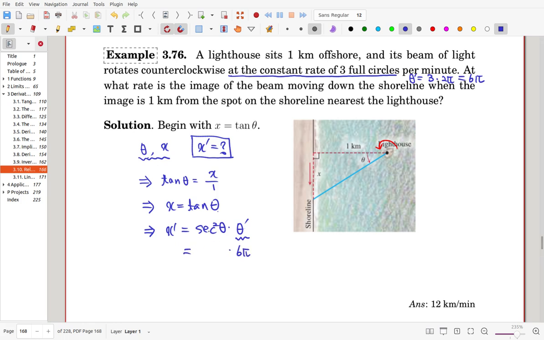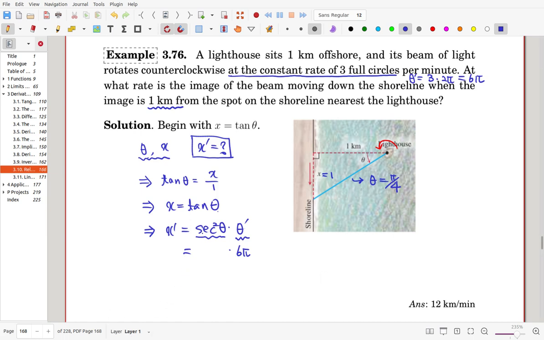Now we have to find the angle at the moment when the image is 1 kilometer from the spot on the shoreline nearest the lighthouse. That means when x equals 1, so 1, 1, theta is pi over 4, right? So we can get theta in this way.